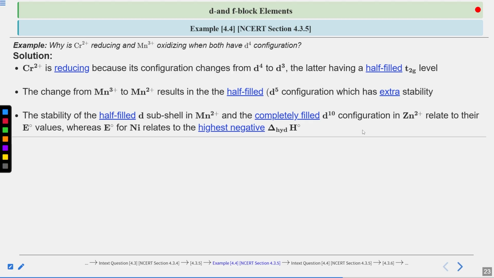So the stability of the half filled d subshell in manganese 2 positive and the completely filled d10 configuration in zinc 2 positive relate to their E0 values, whereas the E0 for nickel relates to the highest negative value of hydration enthalpy.